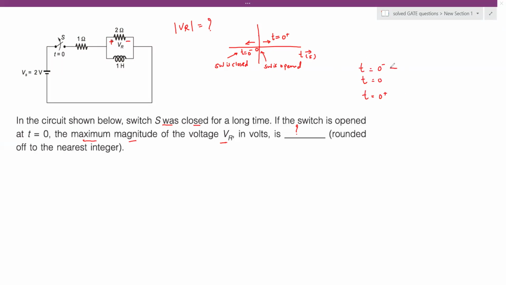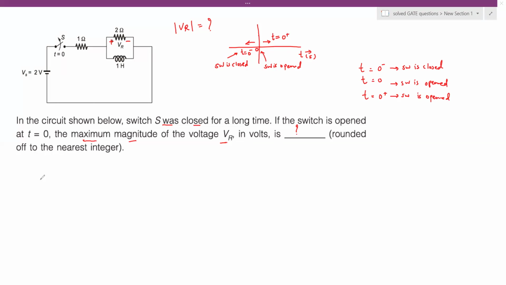In this case the switch is closed. In this case the switch is opened, and from 0 second onwards the switch remains opened. So how do we find the magnitude of the voltage VR?